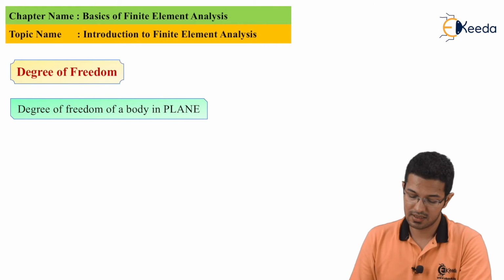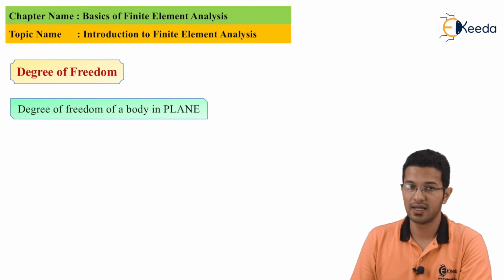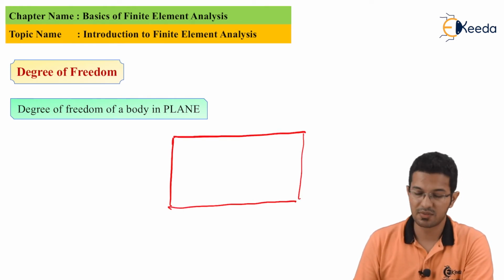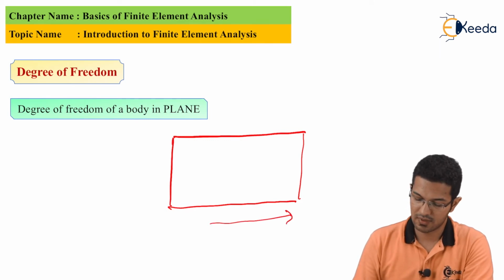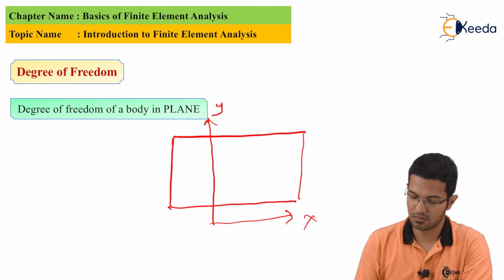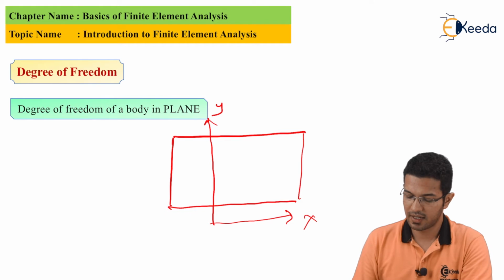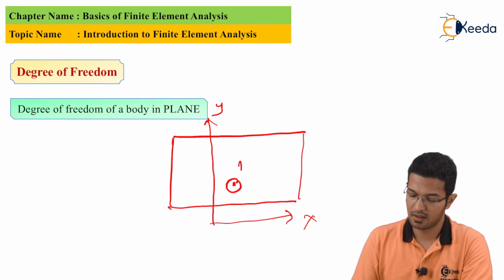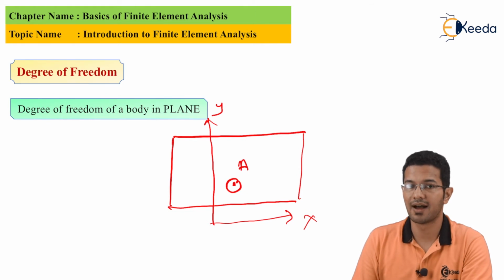Now, let's understand the degrees of freedom of a body in a plane. Now, if I take any plane which has been restricted to the x-axis as well as the y-axis. Again, if I take any point which has been restricted on the plane where I am having a constraint, I understand that the point A can move only along the x-axis and only along the y-axis.